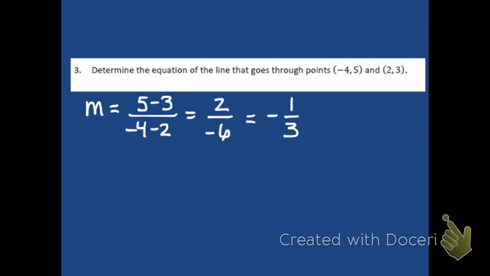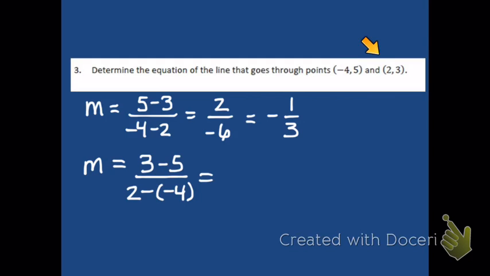Okay, so I want to take a second just to show you, because a lot of times students say, well, I don't know which point to put first and which one to put second. And here you can see it doesn't matter. If I express the difference in the y as 3 minus 5, then the difference in the x would be 2 minus -4.